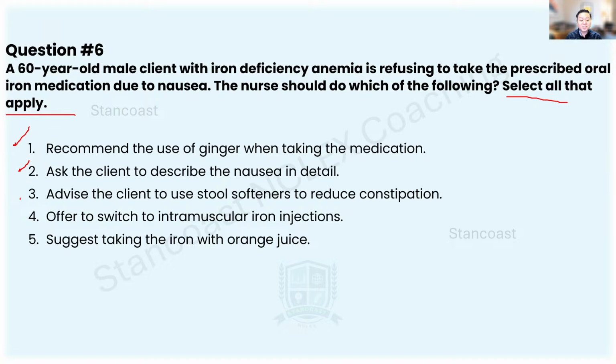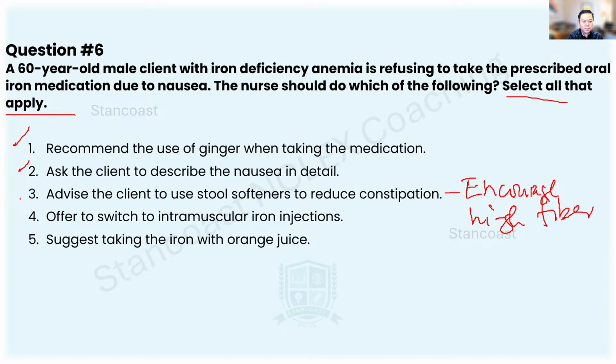So that is 1. What about number 3? Advise the client to use stool softeners to reduce constipation. Are we supposed to do that? Well, it might help with the constipation, but they are not typically recommended first for clients with iron deficiency anemia. What we need to do here instead is to encourage high fiber in the diet.